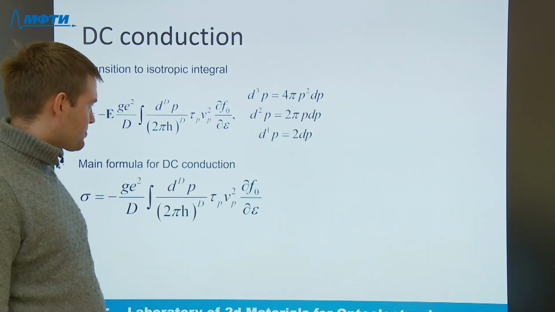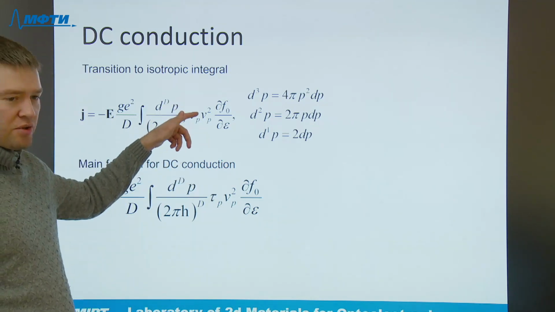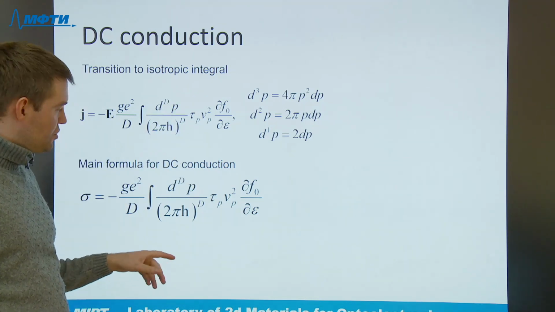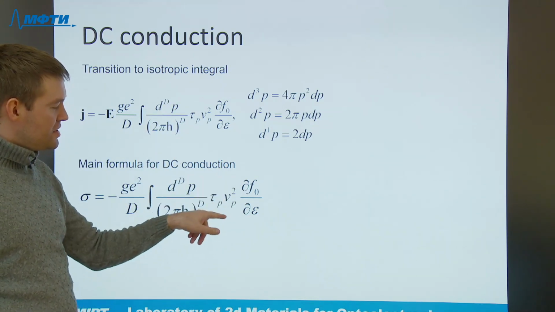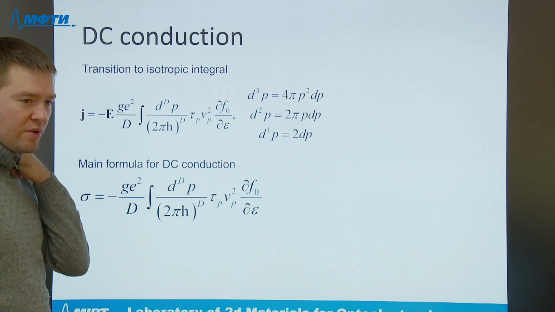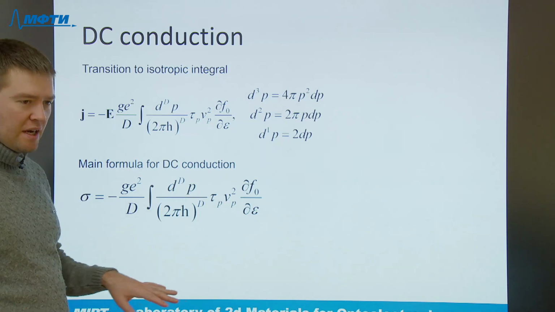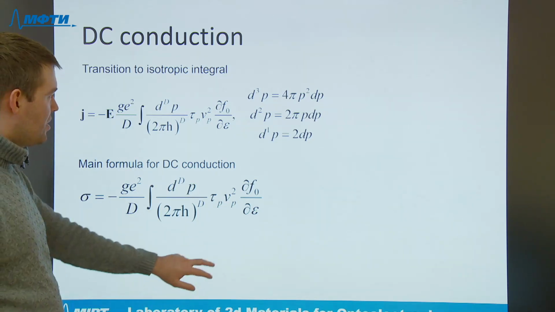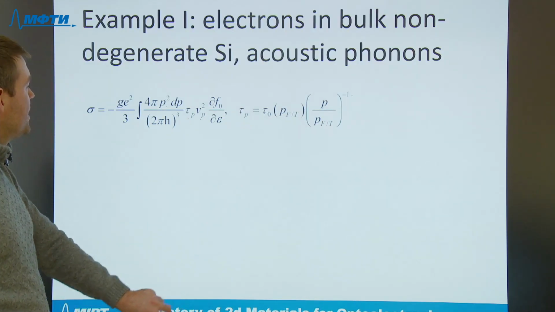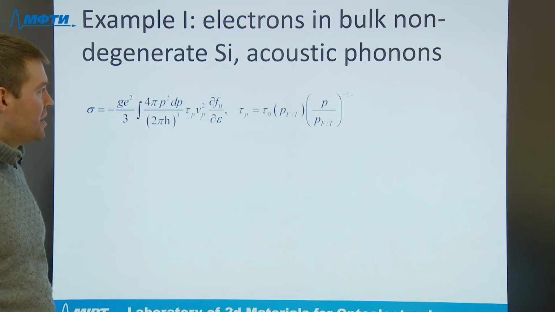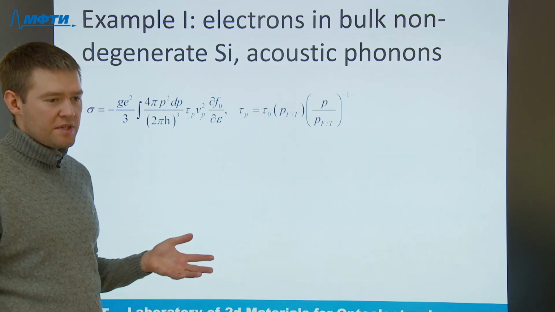And it actually shows us how we should consider this derivative of distribution function. We can cover 2 examples. I will sketch them briefly because we already considered them. The first example, if we consider bulk non-degenerate semiconductors.